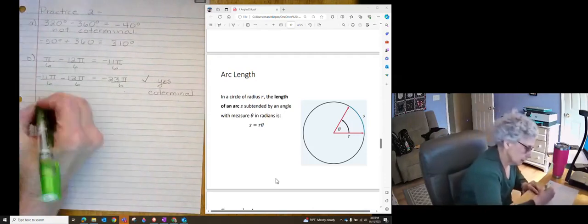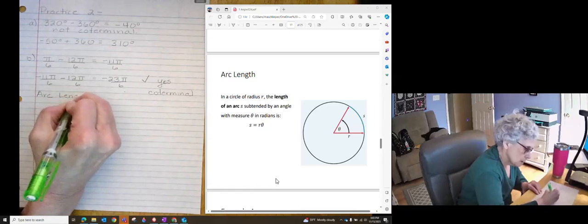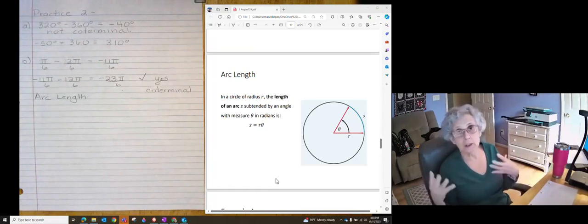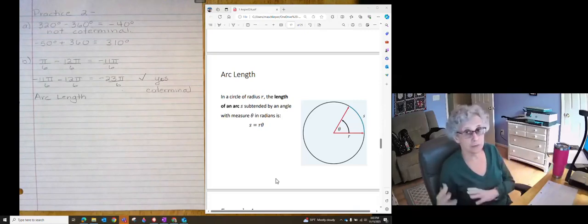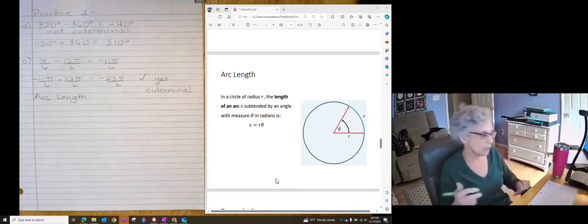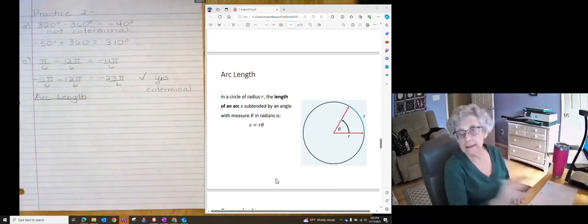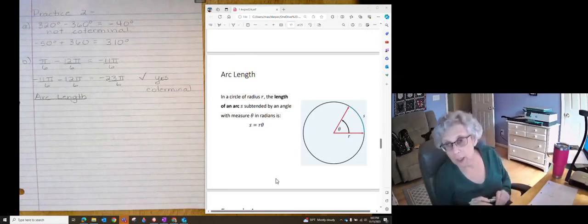Let's talk about arc length. This is something you're going to want to write this formula down on a flashcard or make yourself a Quizlet, because you're going to need to memorize these things. Arc length is just the length of the portion of a circle.